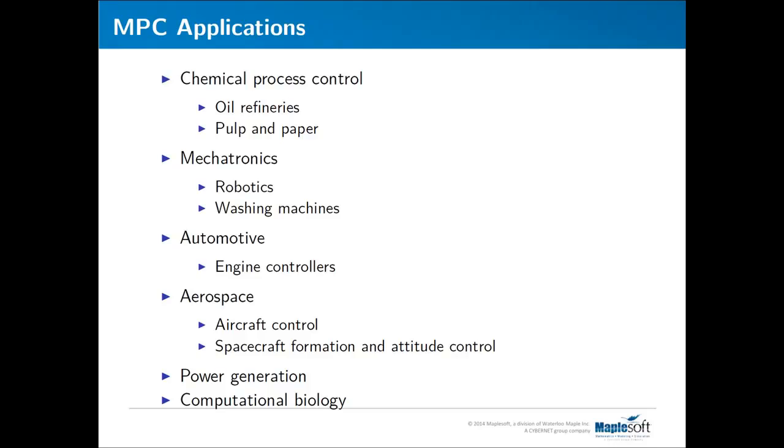Later, with faster hardware and better algorithms, we see applications of MPC everywhere, including in mechatronic systems such as different kinds of robots or washing machines. In the automotive industry, one example is engine controllers. In aerospace, it's used for aircraft control, spacecraft formation, and attitude control. It is also used in the power industry and more recently in computational biology.